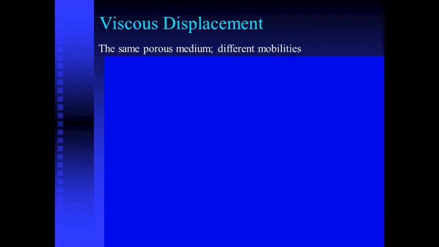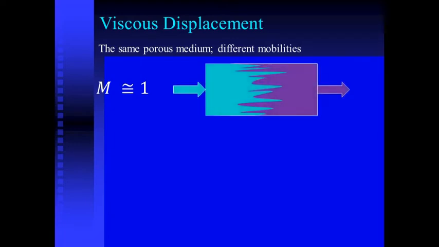Let's start with the so-called viscous forces, the external forces that we apply to displacements, in the reservoir or in the laboratory. In this example, we start with the case with mobility ratio near 1. This means that water is about as mobile as oil. Under this condition, the phase that pushes the flow through the porous medium develops similar flow rate than the displaced phase, leading to what is known as piston-like displacement.